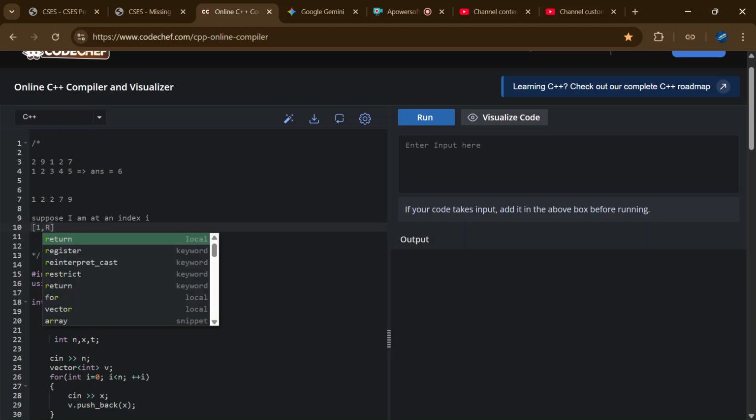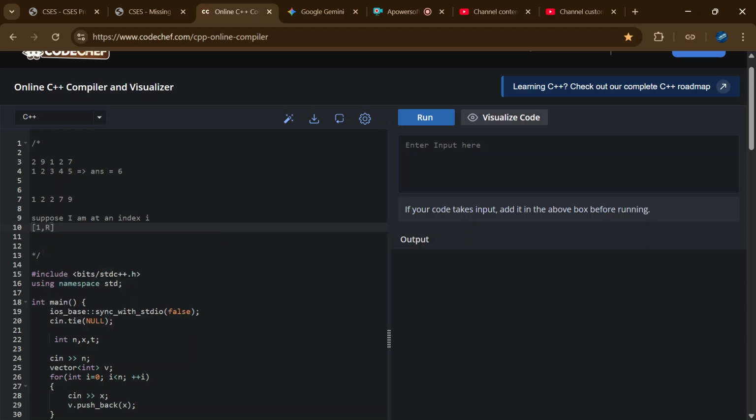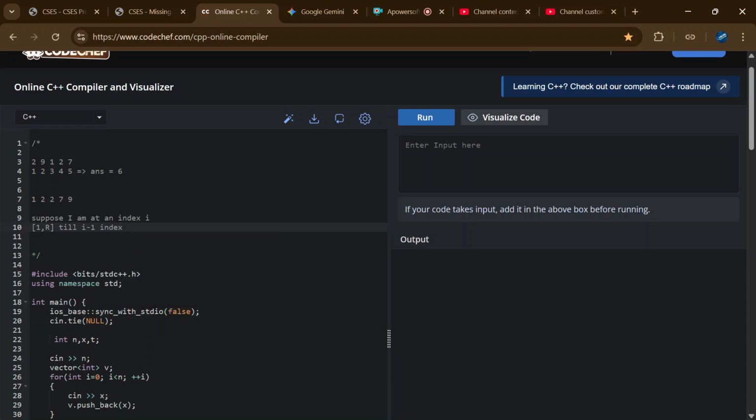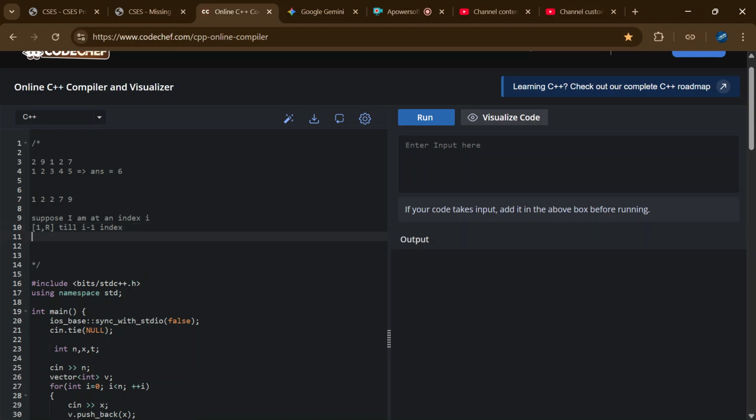So till index i minus 1, we could make the range of 1 to r. Sure, cool. So what options do we have here?